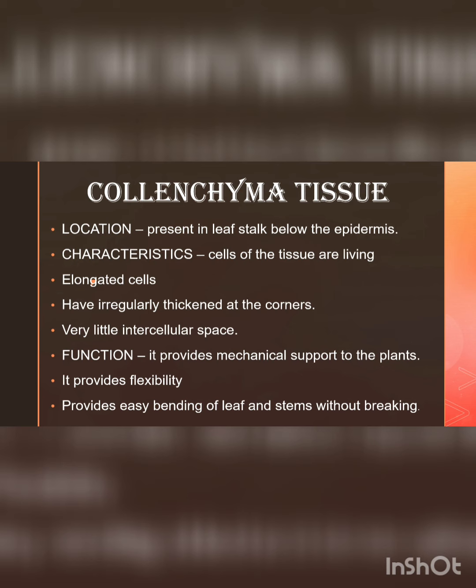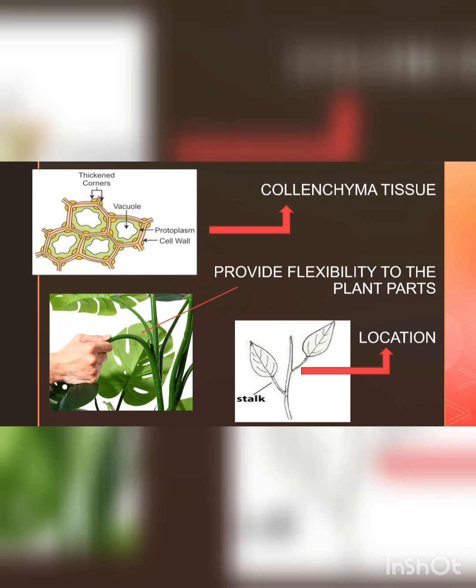Next is your collenchyma tissue. So for this collenchyma tissue, you should know about its location, its characteristic features and its function. If we proceed to the next one, this is the structure of collenchyma tissue.